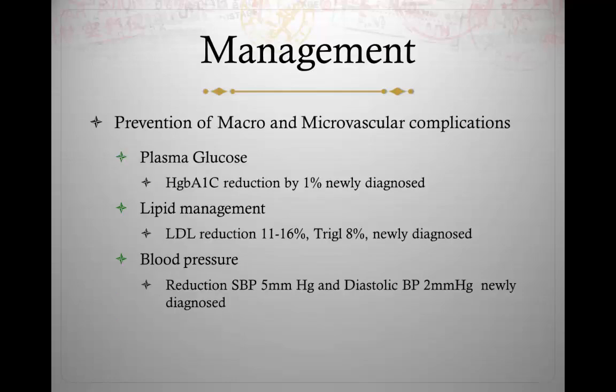Okay. So again, this is very repetitive. You have to prevent macro and microvascular complications. So monitor very closely every 3 months the hemoglobin A1C, lipid panels, and blood pressure as well.